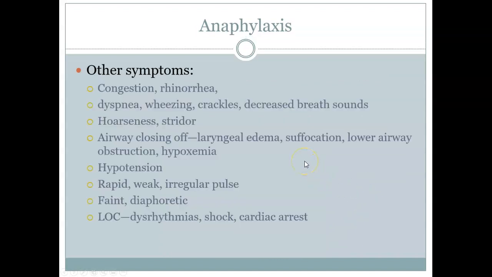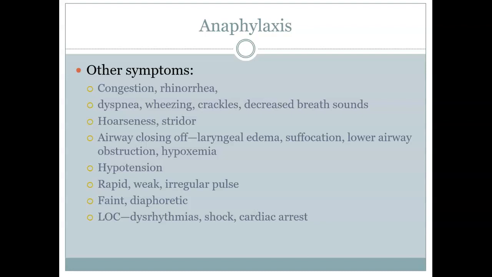So other symptoms of anaphylaxis I have listed on this slide: congestion, rhinorrhea, dyspnea or shortness of breath, wheezing, crackles. It's all when that airway has been compromised. We have inflammation of the airway that's preventing air from moving in and out. So you'll either hear wheezing, crackles.